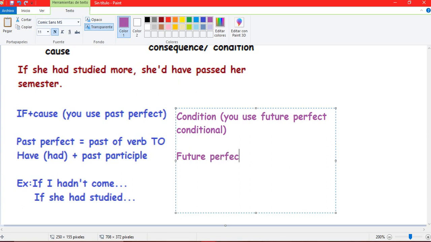We use would plus have plus the past participle of the verb. If it's negative, we use wouldn't.